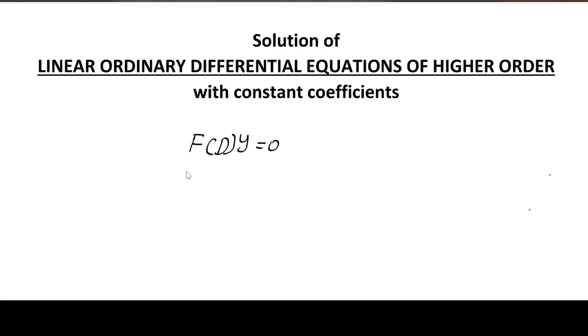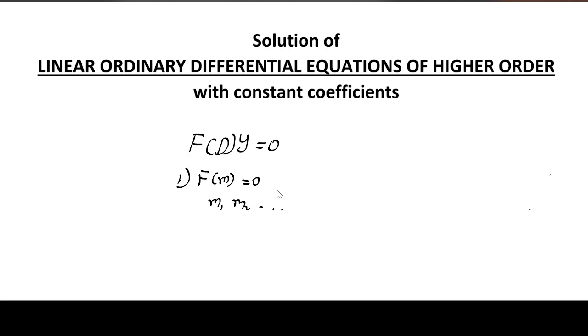In this process of determining the complementary function, the first step is to determine the auxiliary equation, that is f(m) = 0. For this we determine the roots, let us say m1, m2, and so on.